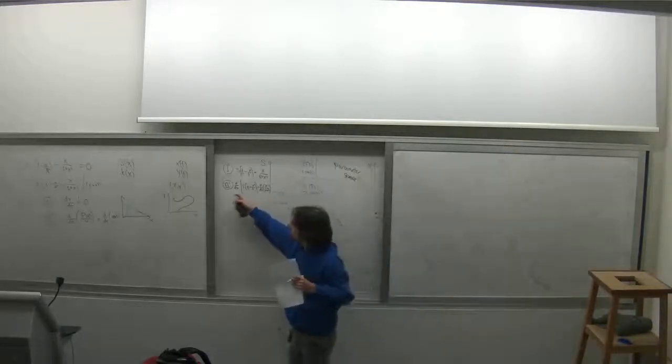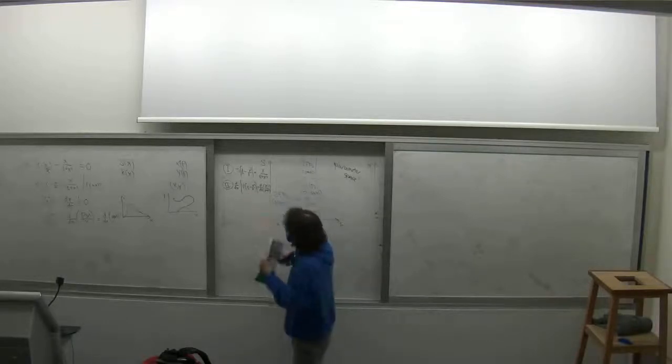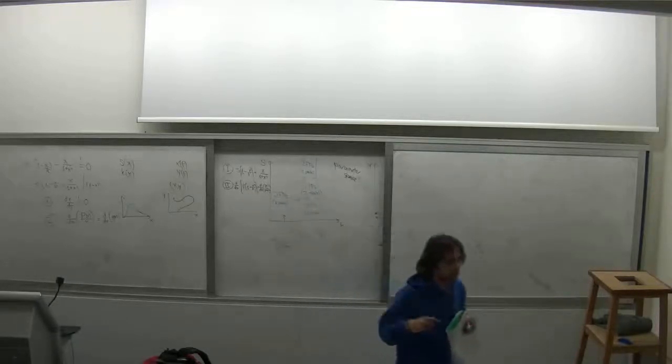So this is the condition on the tangency. This is p over x, and this is g over x.